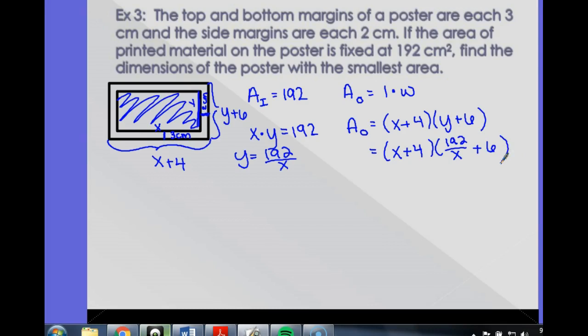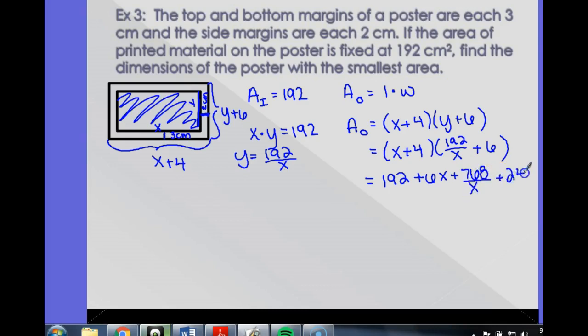So AO is X plus 4, 192 over X (sounds like blood pressure), times Y plus 6. Oil it out. What's nice about X times 192 over X? The X's cancel. Then X times 6. This one, not so nice: you get 4 times 192 all over X. 4 times 192 is 768.